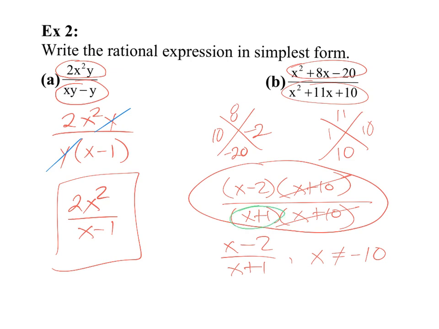Whatever makes these quantities 0. So one of them would be -1, and the other one would be -10. Now, when I simplified the expression, I ended up with this. So I still see this here, but I don't see this piece anymore. This is the piece that tells me that in the domain, x cannot equal negative 10.